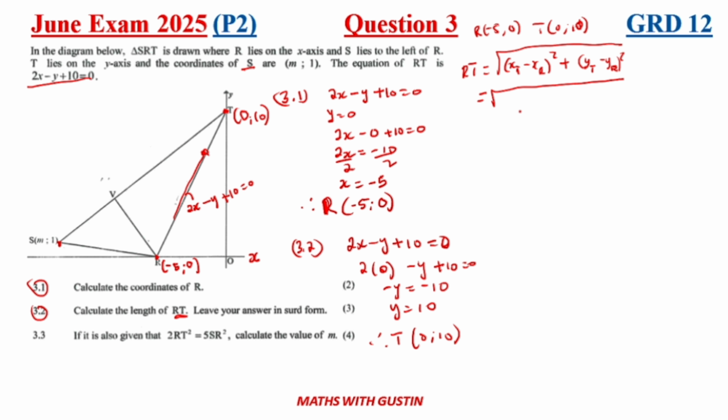So you substitute. The length of RT, leaving your answer in surd form, is going to be the square root of 125, which gives us 5 square root of 5. Okay, great.